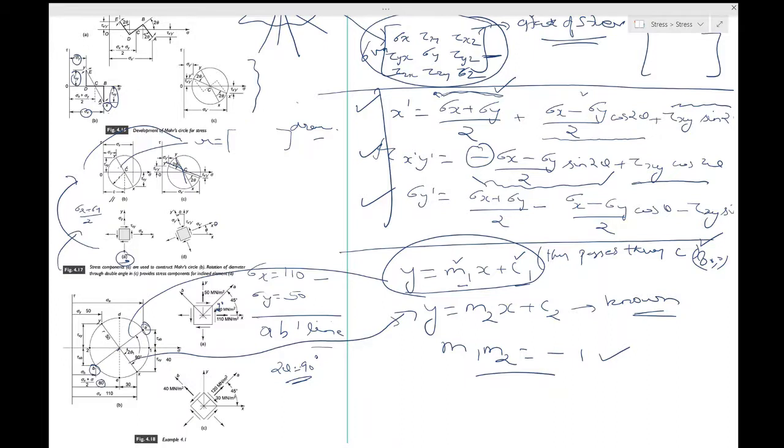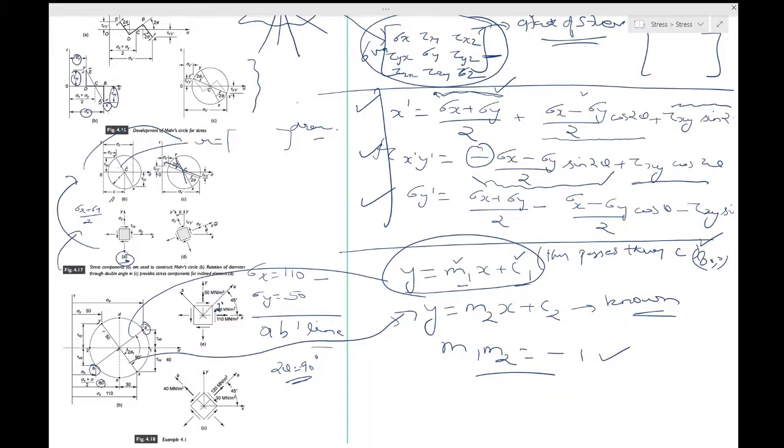So you are free to use any method which works for you. This method which I have just discussed is slightly lengthier, but if you are able to, that's no problem at all. So that's how you would find sigma A, sigma B and tau AB.